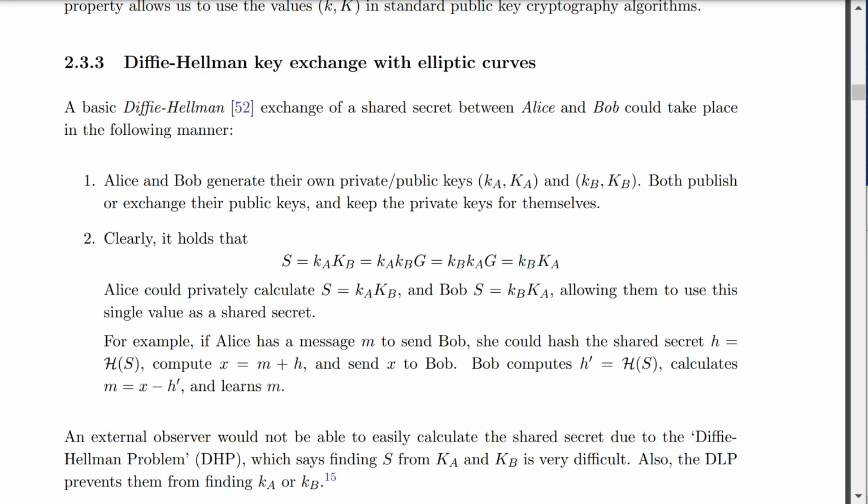Obviously they know their own private keys. They can take the knowledge of each other's public keys and come up with this other value. The reason that calculation is the same is that we have Alice's private key times Bob's public key. And when Bob calculated his public key, he took his private key times the generator.